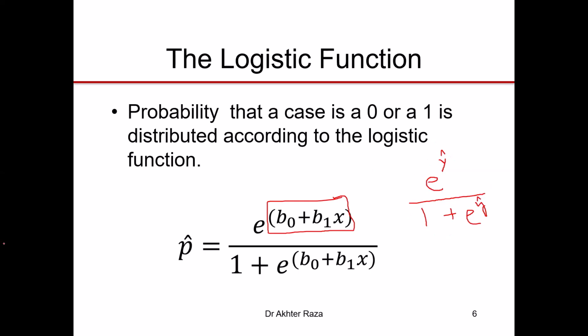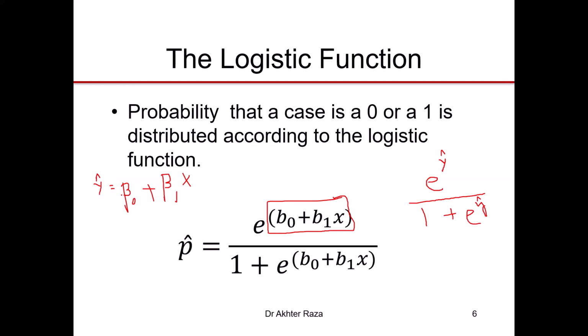What is y cap? In ordinary least squares, y cap is beta naught plus beta 1 x, or in simple terms, we can write b naught plus b1 x. So this is your OLS.